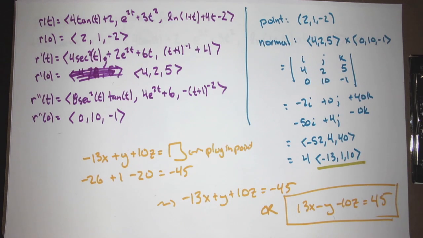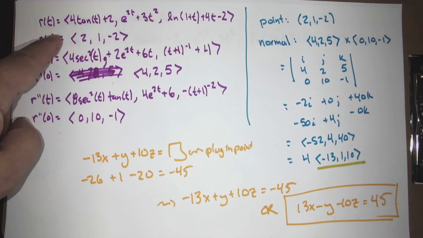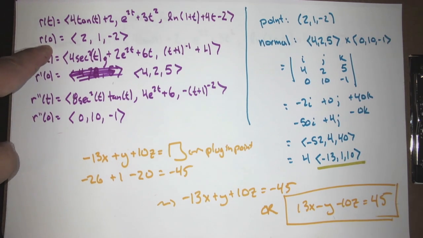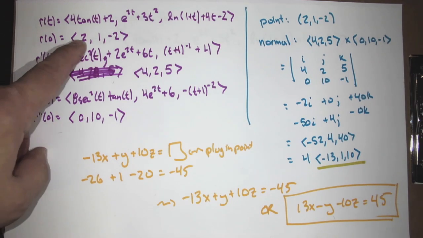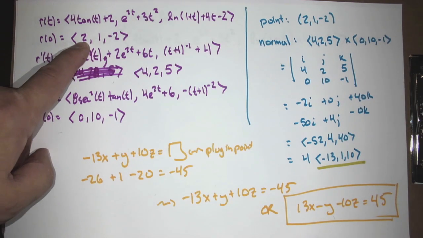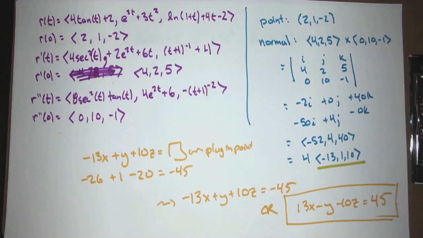Any questions? Yes? Why is it that when we plug in a point into the solution vector, we are getting a point and not a vector? Great question. So why is it that when we plug in a time 0 into this r of t, it looks suspiciously like a vector, and why are we calling it a point?